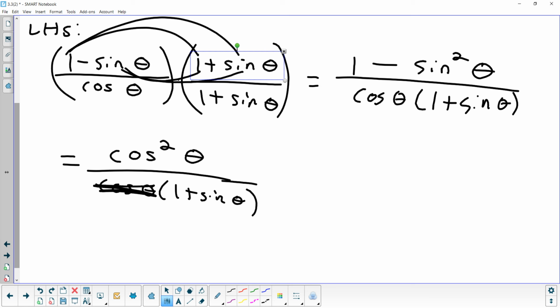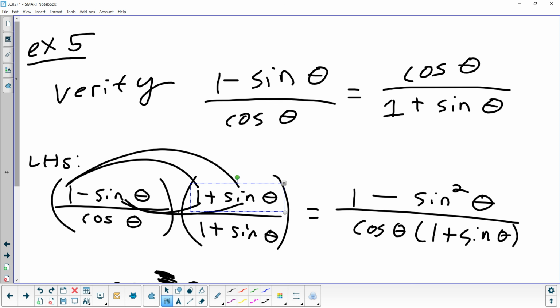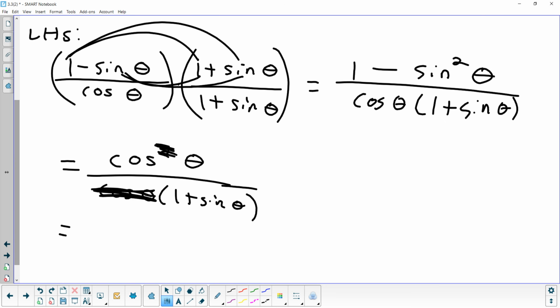Cancel 1 from the bottom. Cancel 1 from the top. And now you're left with cosine over 1 plus sine. That's exactly what you were supposed to get. Cosine over 1 plus sine. I'll just write it nice.